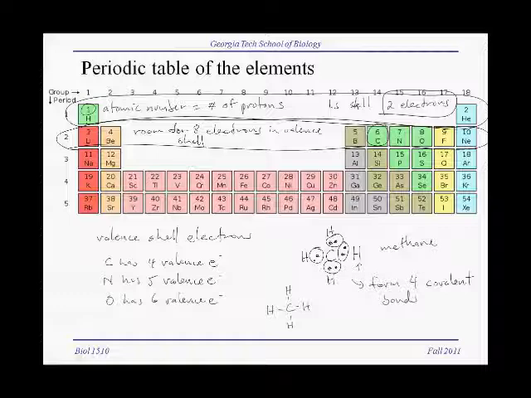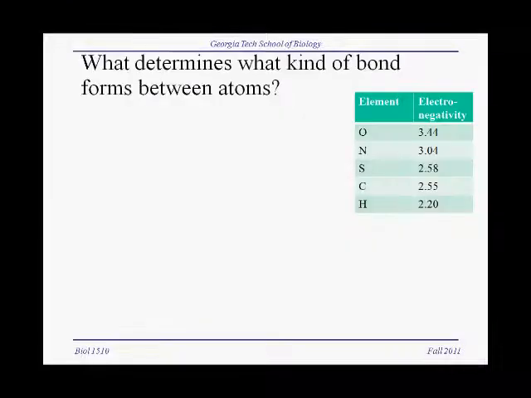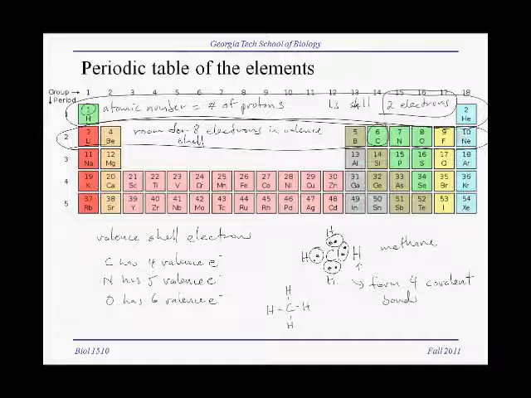Now, atoms can do more than just share electrons. For instance, atoms in this first column, the group 1 atoms, all have a single valence electron. Atoms in group 17 have nearly full valence electrons.